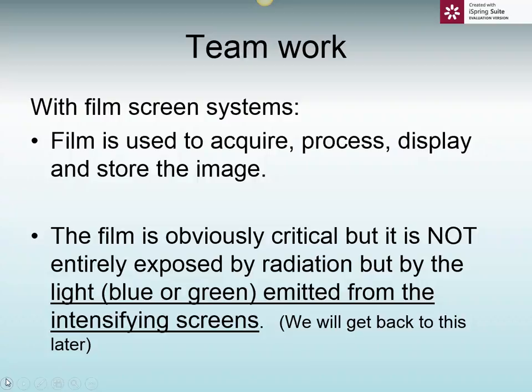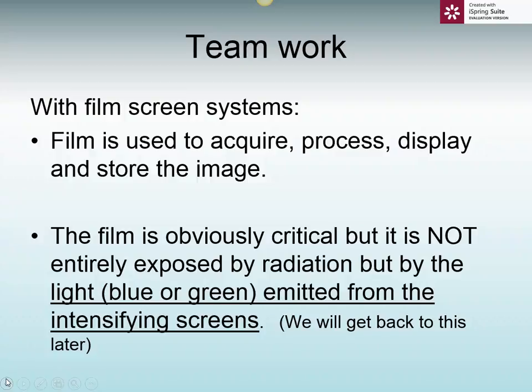It is possible to radiograph with film only, but that's actually very, very rare, and as I talked about, it's very, very inefficient. If you have a combination of film screen systems where you've got a cassette, under these circumstances, the film is used to acquire the image, the film is processed, the film is used for display, and ultimately you're going to store the film as the image.